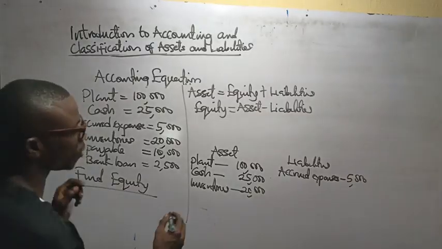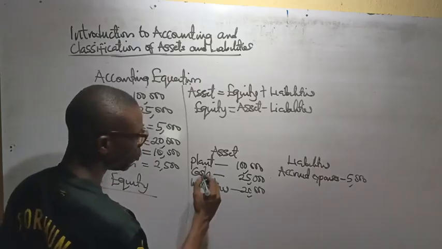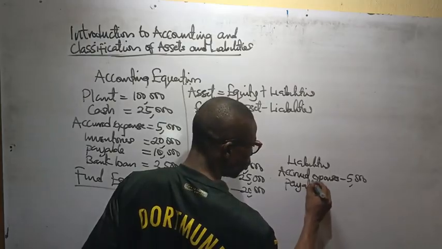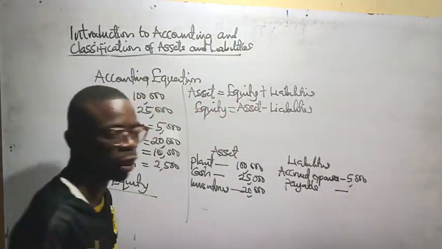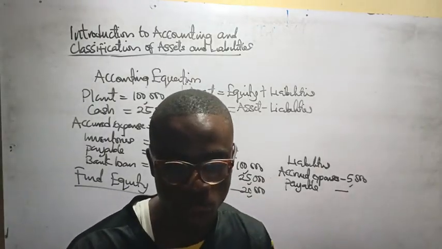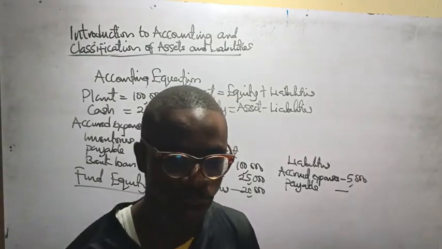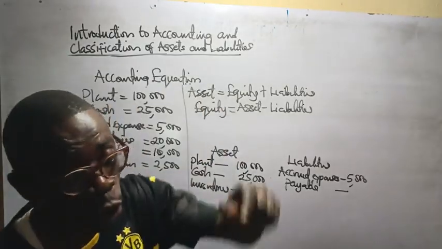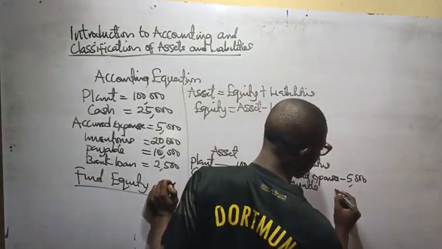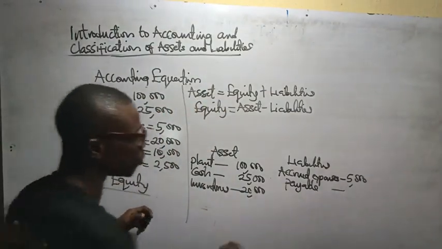Payables, is it an asset or liability? It should be an asset, right? I think so. It's not. You got it wrong. I got you at this moment. Payable is liability. We talked about account payables. The payables are the money that you are owing, the amount that you are owing your supplier, or the amount that you are owing an outsider.